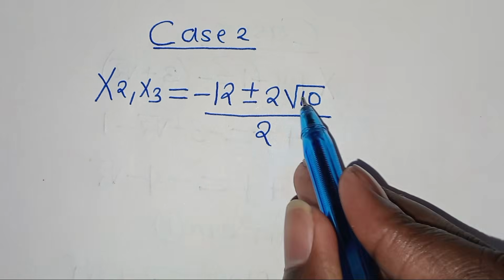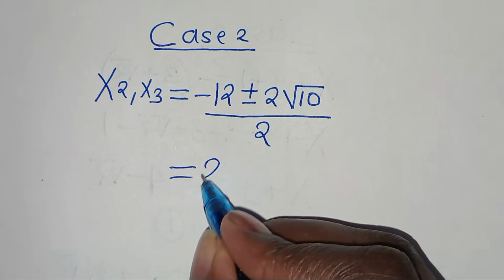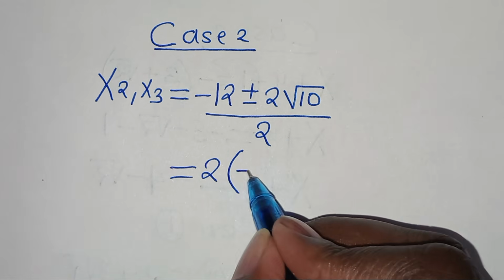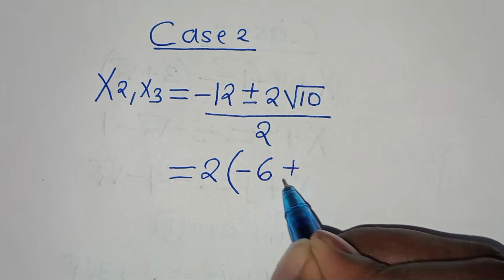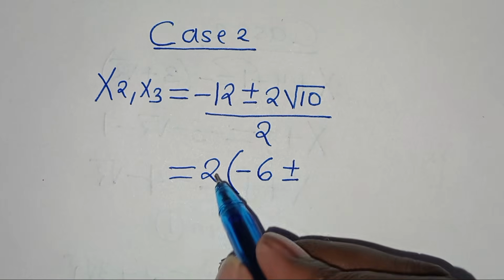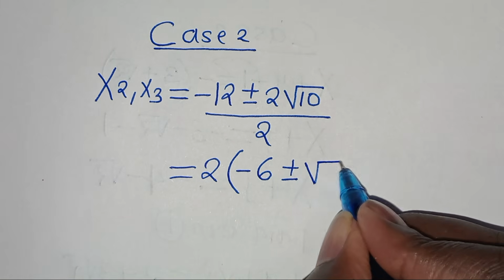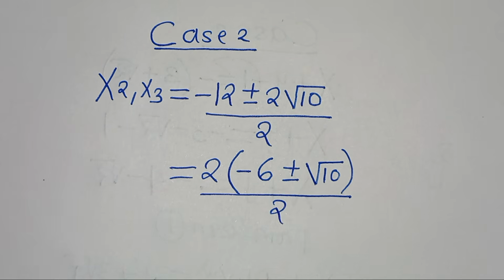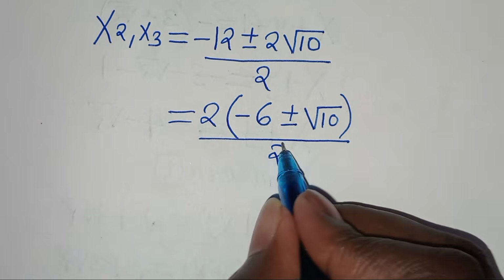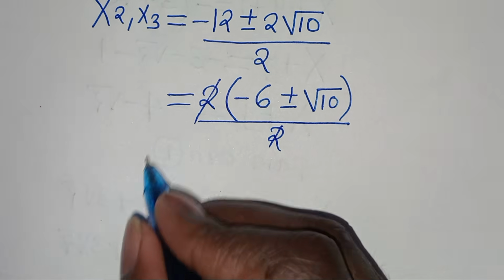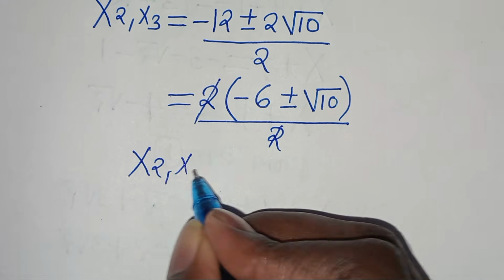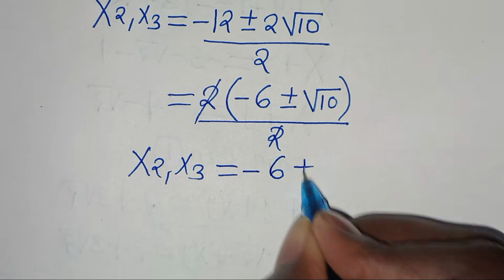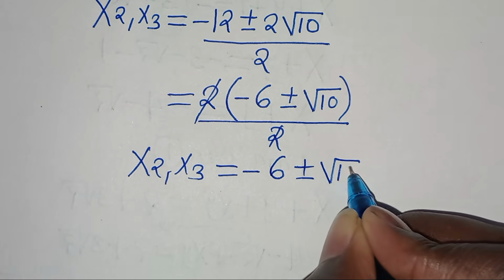In the numerator here, 2 is common, so we can factor out 2 into the parentheses. Minus 12 divided by 2, this is minus 6 plus or minus 2 square root of 10 divided by 2. This becomes a square root of 10. Then everything here divided by 2. So let's simplify 2 and 2 here. And this means that x2, x3 is equal to minus 6 plus or minus square root of 10.